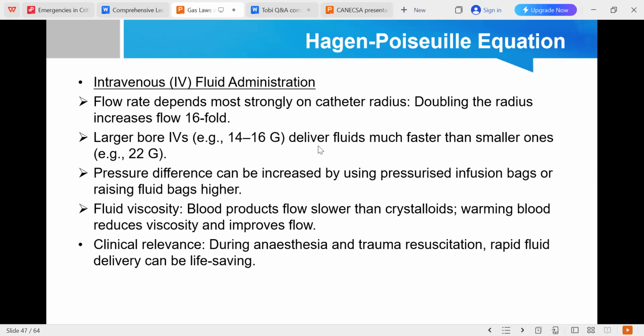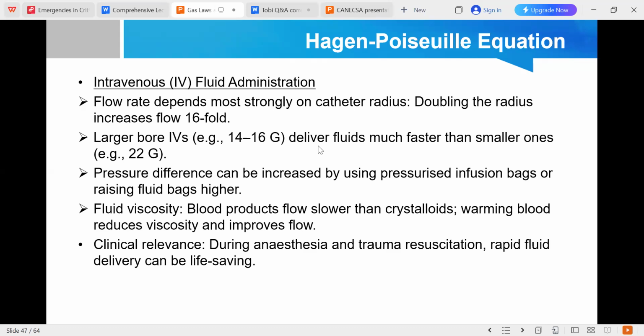So if you need to give blood or fluid more quickly, you will need a large bore IV instead of just a central line with a low radius catheter.